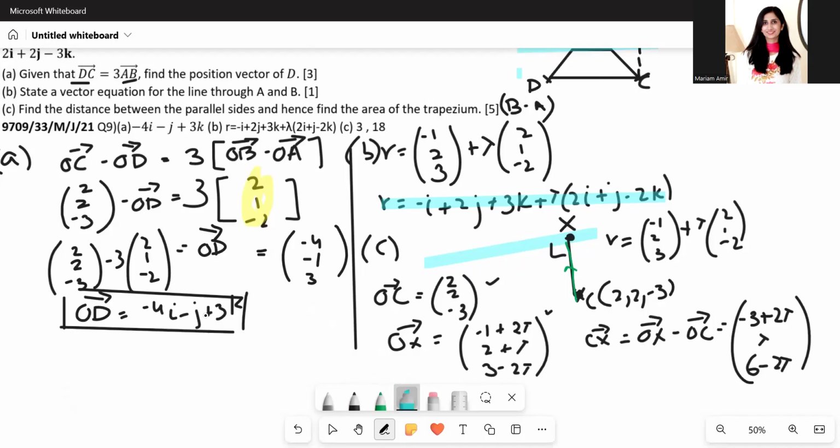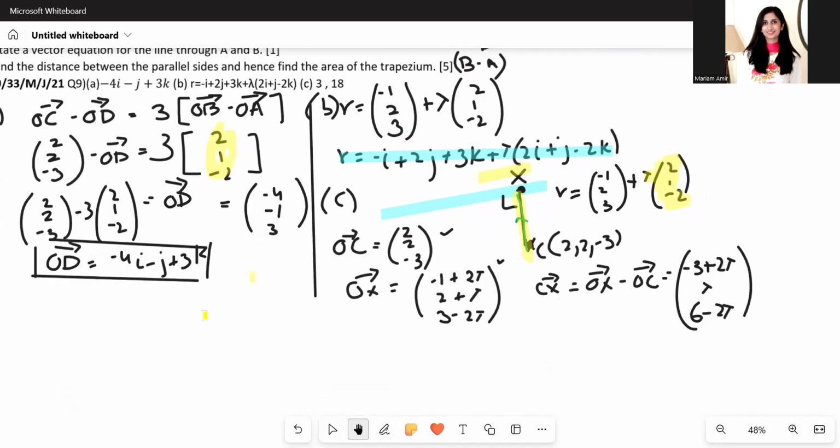Now what we'll do, we'll use the dot product of CX and the direction of the line AB, that is this direction. The dot product between these two would be 0 because these are perpendicular lines.